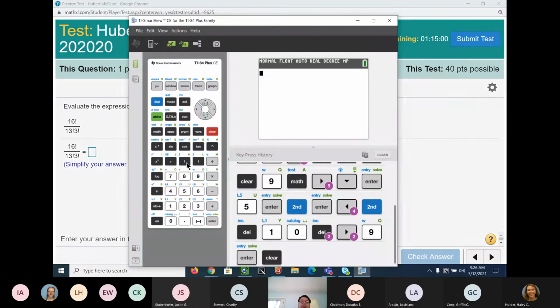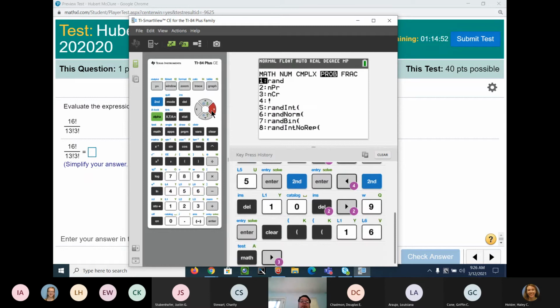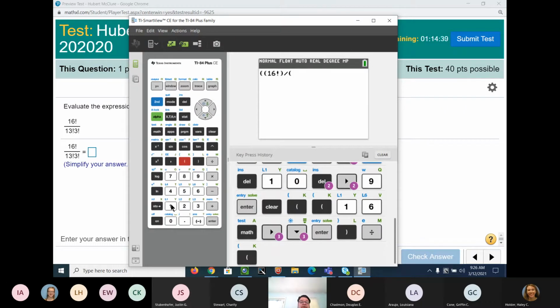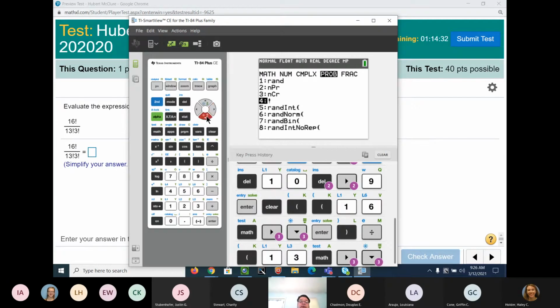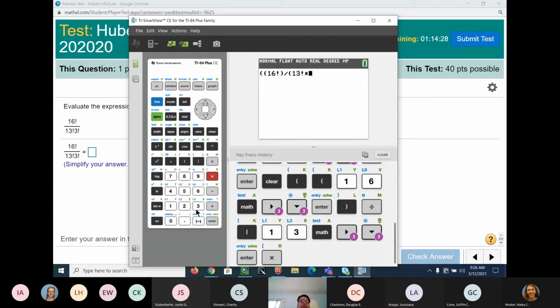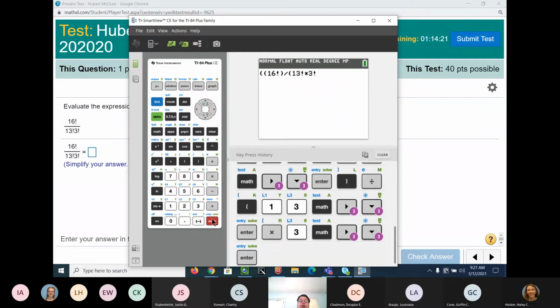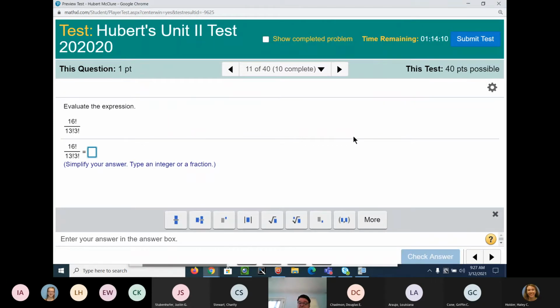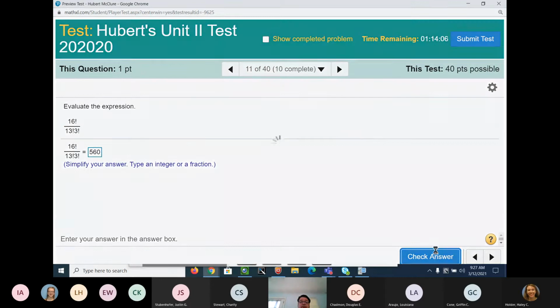All right, so I'm going to put parenthesis, 16, math, probability, close parentheses, divided by, open parentheses, 13 factorial times 3 factorial, close parentheses, enter. 560. Should be 560 at the end. Yep.